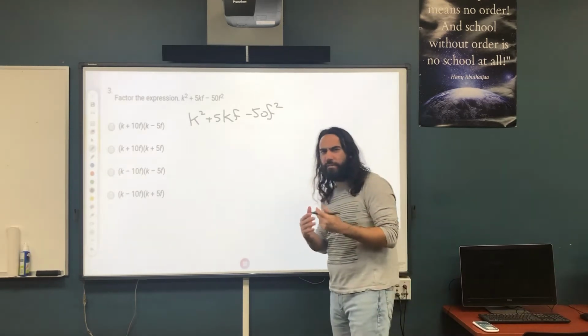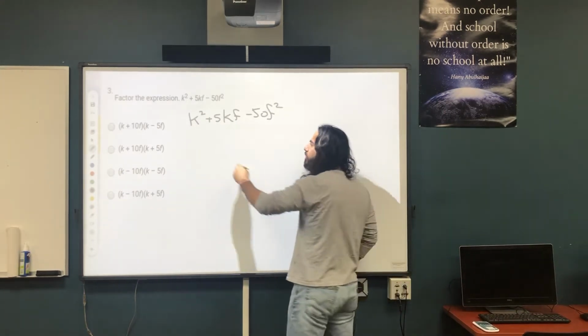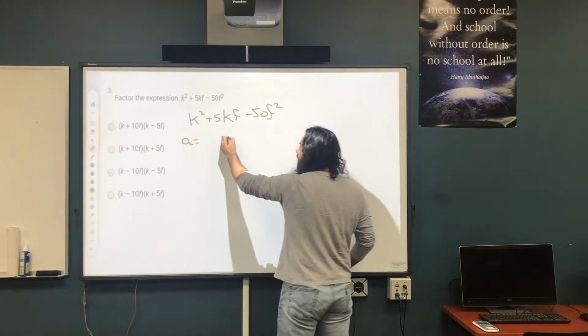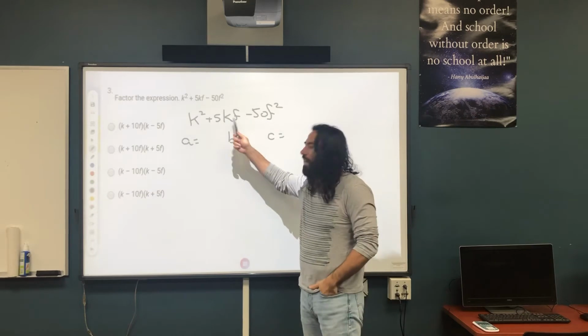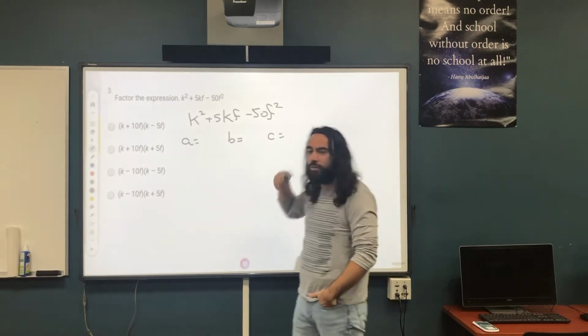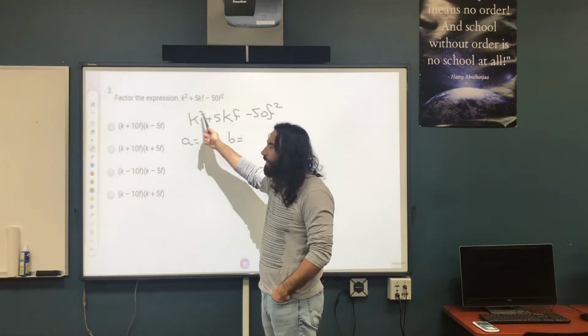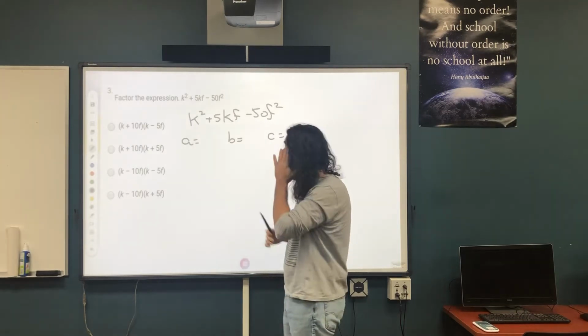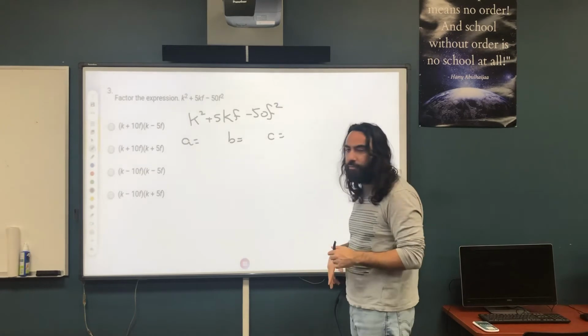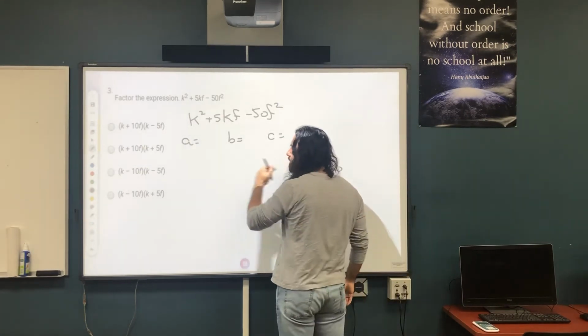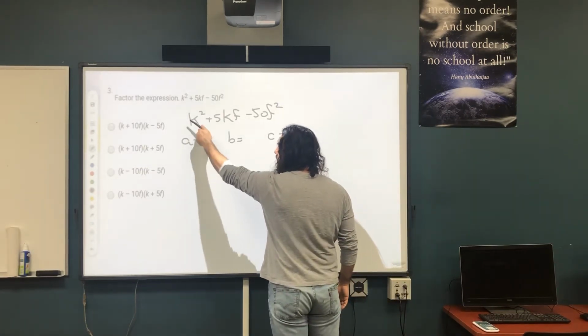As we know, we have 3 steps. The first step, we need to find the value of a, the value of b, the value of c. In this case, as you can see, we have k and we have f. Of course we choose the variable from the first term, k squared, so the variable is k. The f is like a number. We can't have 2 variables. So a is 1 because we have 1k squared.